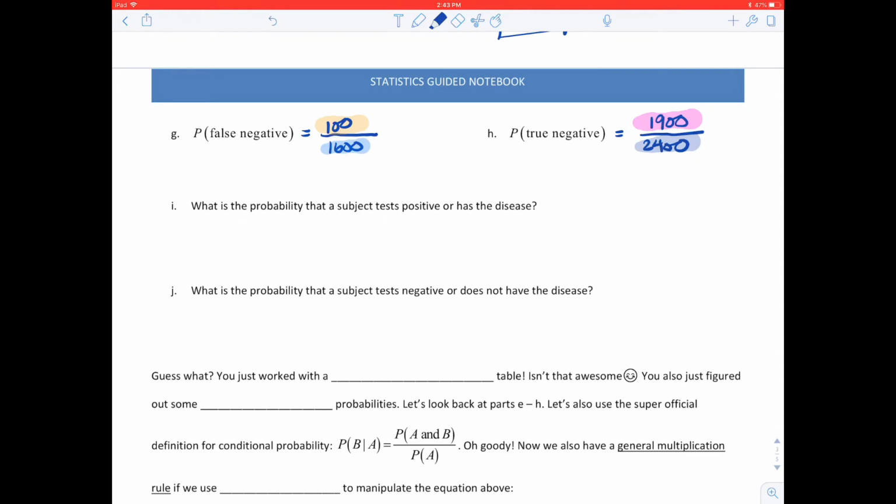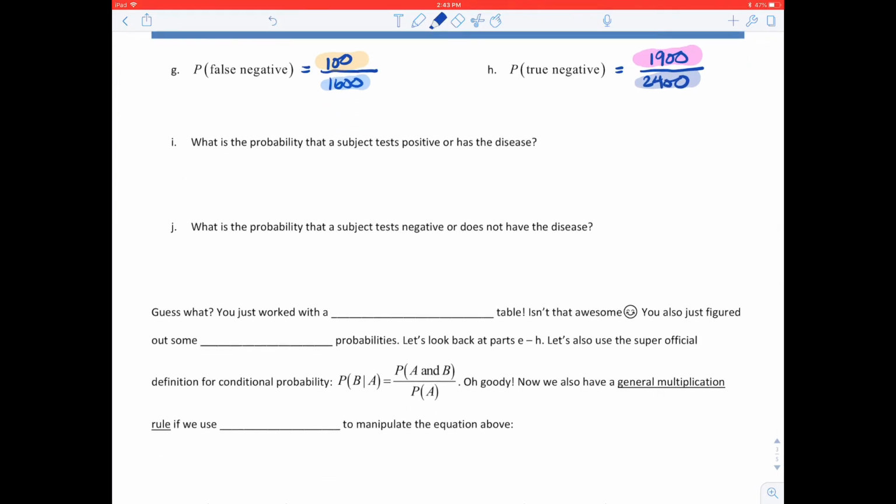Alrighty. Now, what about the probability that a subject tests positive or has the disease? So using that general rule, let's see. That would mean probability that the test was yes, right? Or they have the disease.